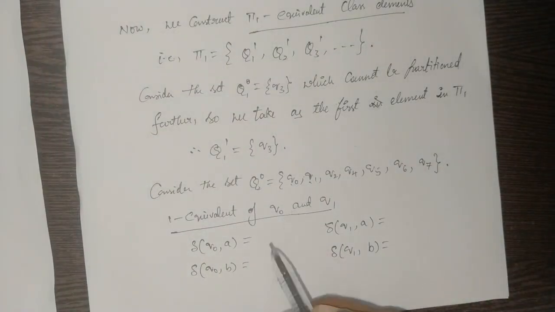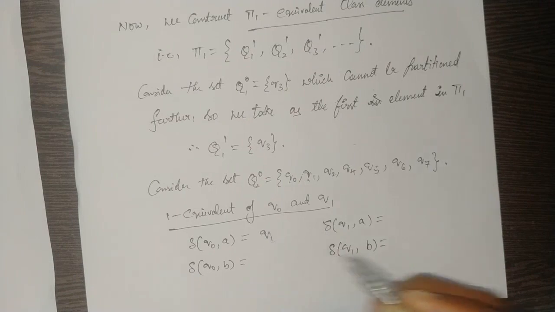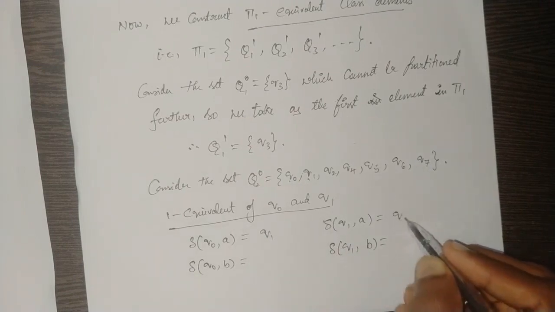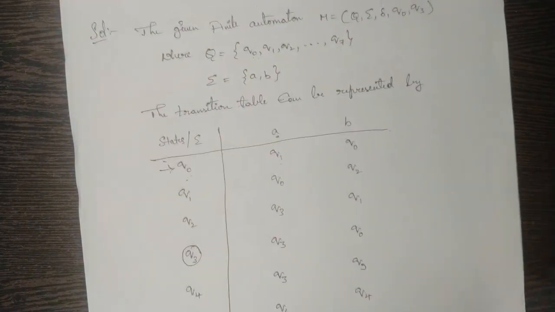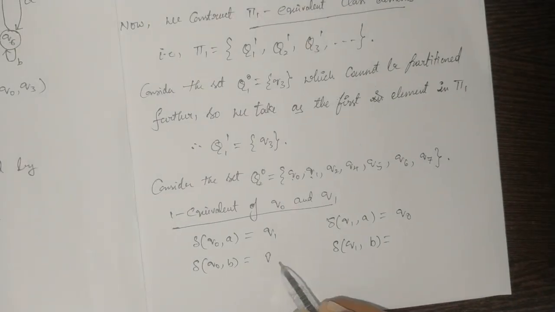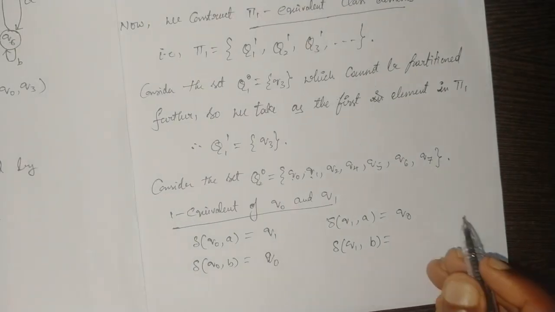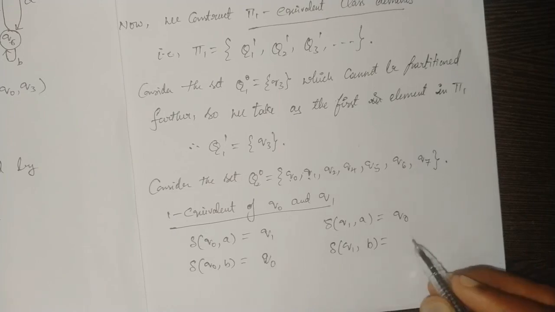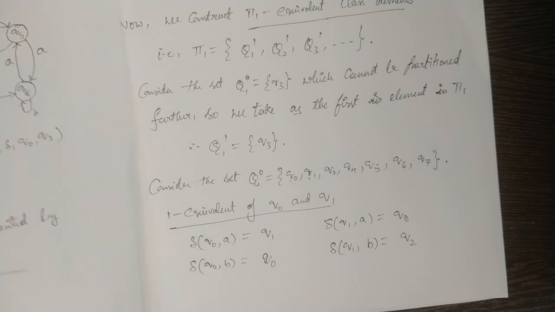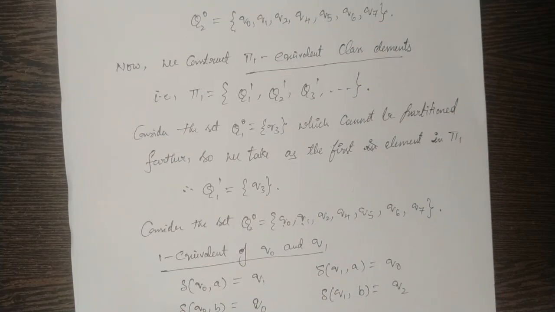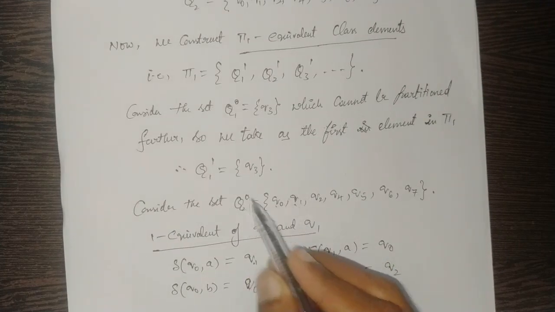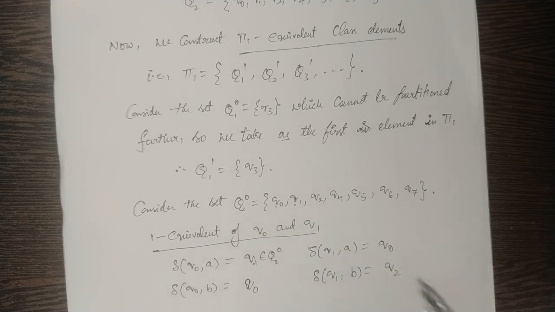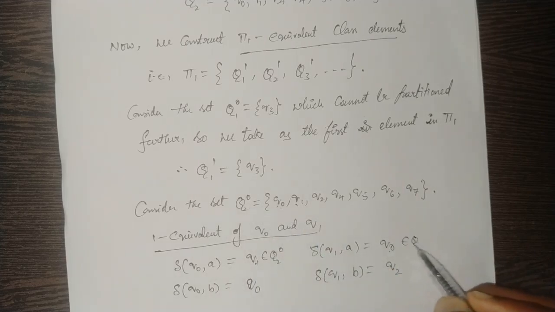That implies Q1 and Q0. Similarly, when B is applied to state Q0 it moves to Q0, and B applied to Q1 moves to Q2. Q1 belongs to Q2 naught, and Q0 also belongs to Q2 naught.